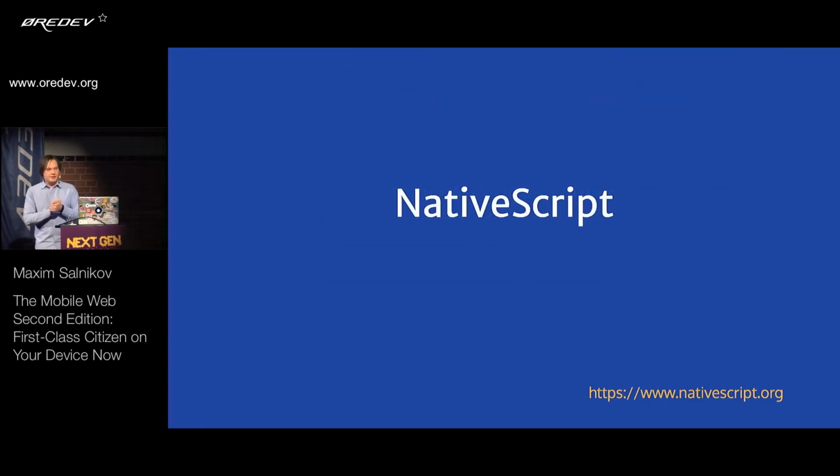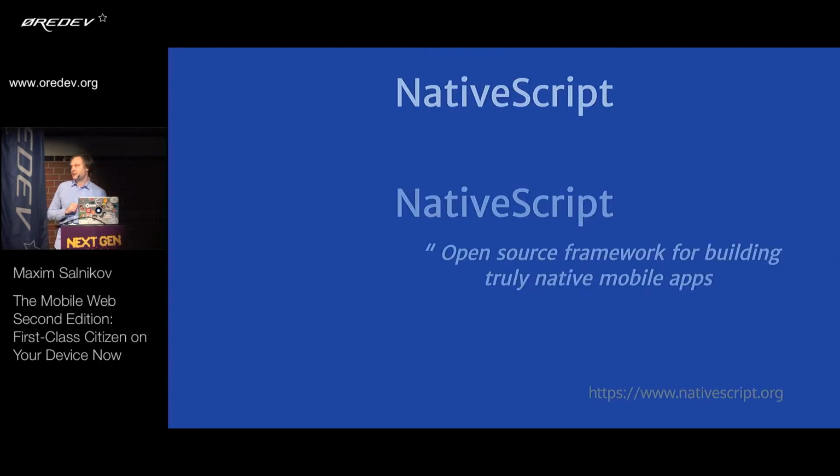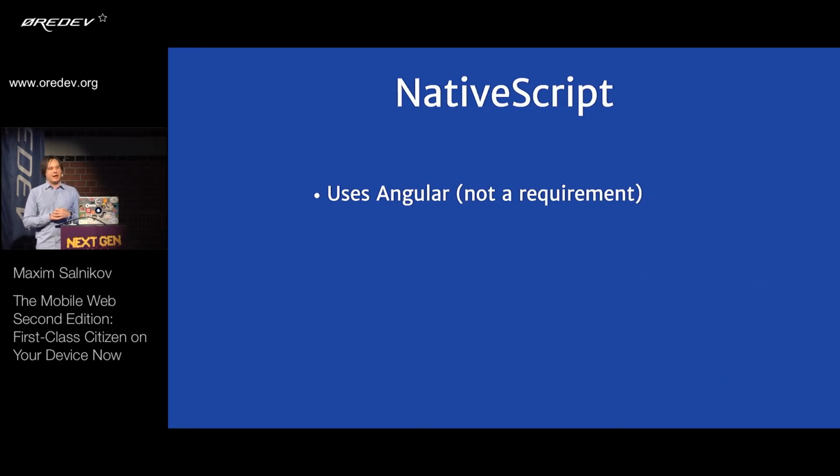Our next hero, NativeScript, a totally different approach. As a result, we have a truly native application without the need to use a WebView. How is it possible? I'll give you all these technical details a bit later, but first let's list features. It's recommended to use the Angular framework, but if for some reason it's not an option for you, you can always use vanilla JavaScript.